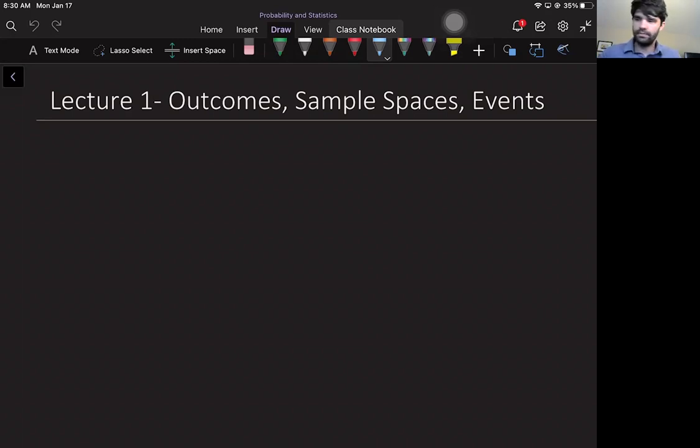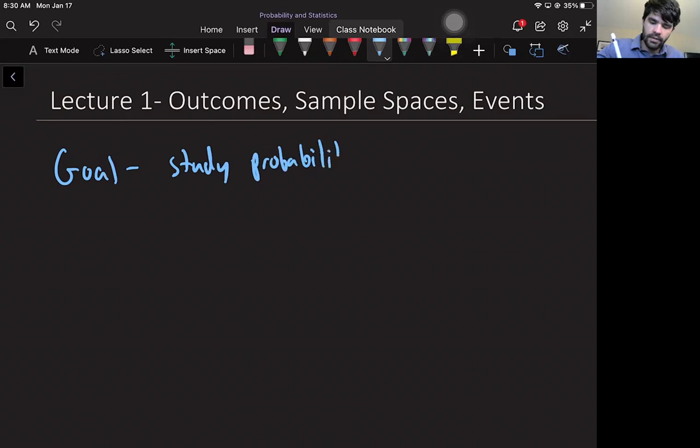But first, the big picture goal of the class is we want to study probability, of course, because that's the name of the class. But not just in the way that you've learned before, where you just calculate probabilities of things happening. We want to do it in a very formal and mathy way, so using math language.